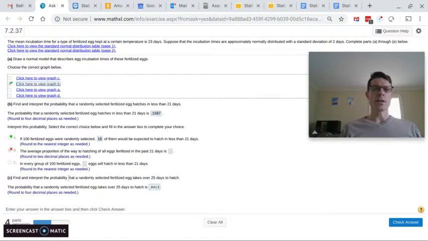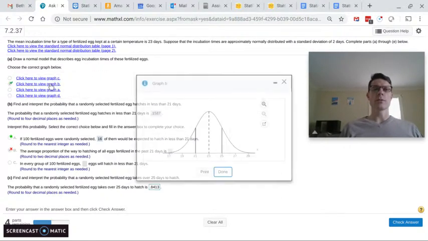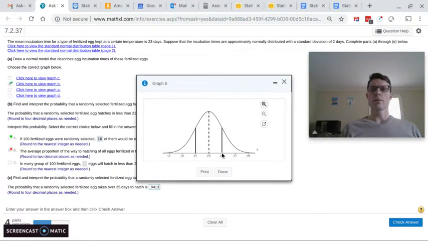So, okay, part C says, find and interpret the probability that a randomly selected egg takes over 25 days to hatch. So that's just going to be this region over here to the right. Now, given the symmetry of the normal curve, this area under the curve should be the same as this area under the curve. So these actual answers should be the same.